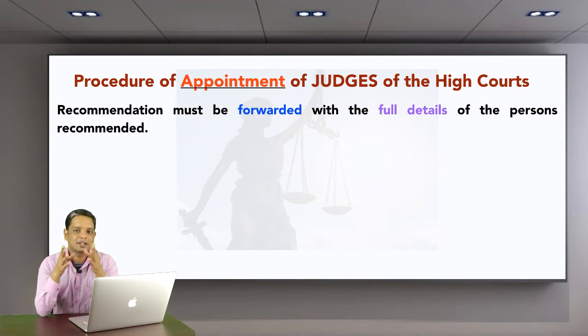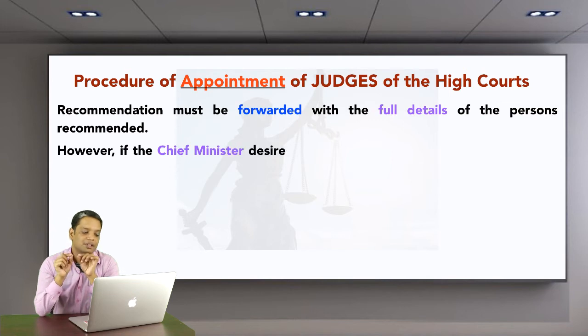The details must include the judgments of that candidate. If he is already a judge of any district court or something like that, then what cases he decided, what judgments he has given, how many judgments he has given, etc. So, every detail must be given along with the recommendation.